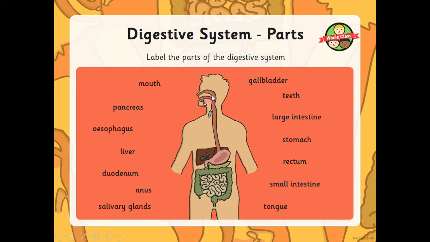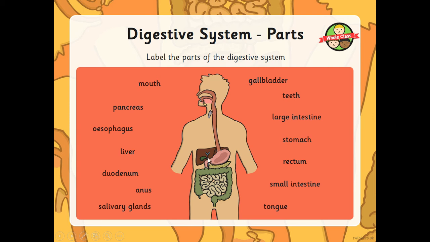And then from the mouth we've got the salivary glands, which we're going to talk about. These are located here. And we have got then the esophagus, which we know goes down into, we missed out teeth, sorry, teeth there. We've got the esophagus that goes down into the stomach.